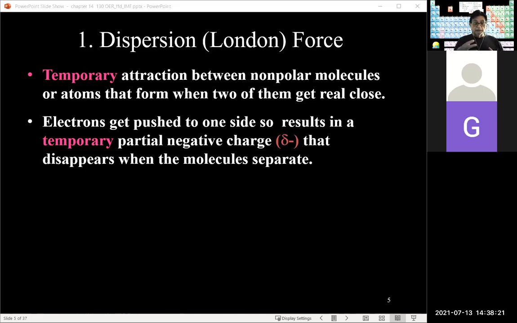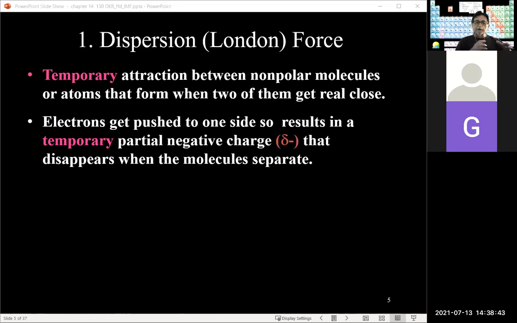Here comes the negative charge of the balloon, and guess what? They stick. Obviously, they're not very strong. That interaction will hang there for a while. Eventually, Mother Nature being Mother Nature, you go back to equilibrium, and the balloon falls off. And that's what these forces are.